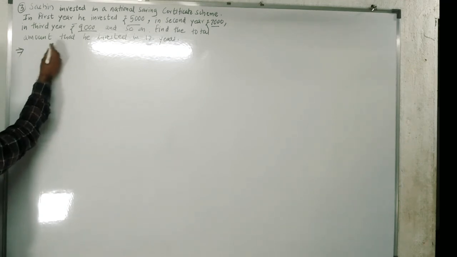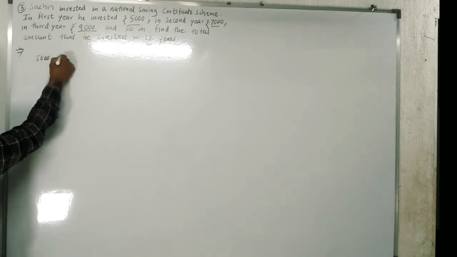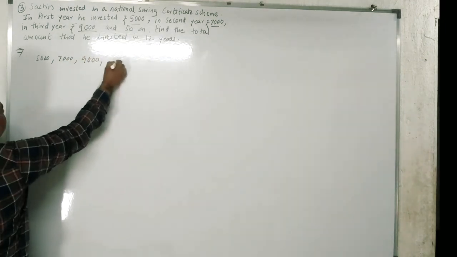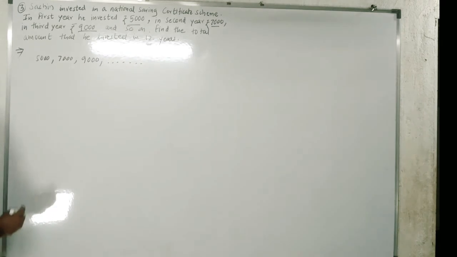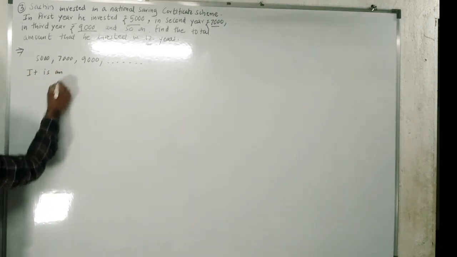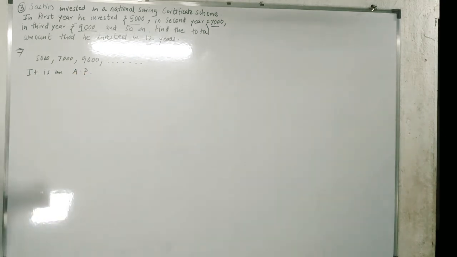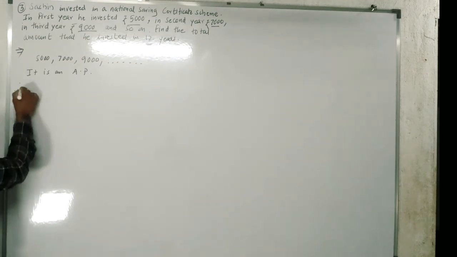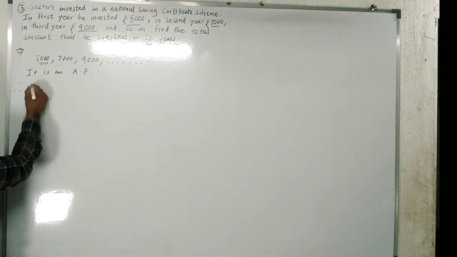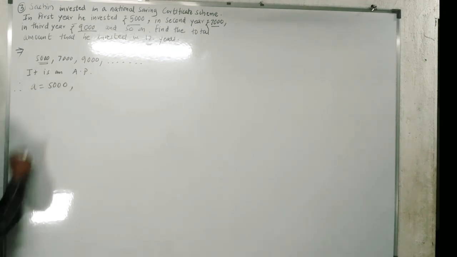So here in the first year he invested 5,000, second year 7,000, third year 9,000, and so on. So the amount invested is an arithmetic progression. Therefore, the first amount invested is A is equal to 5,000 by Sachin.